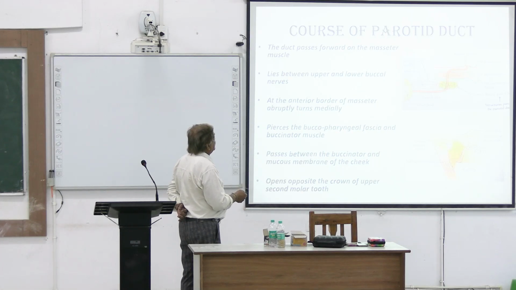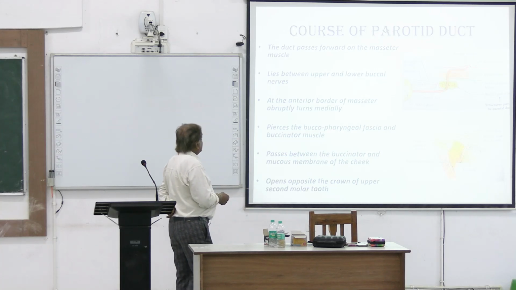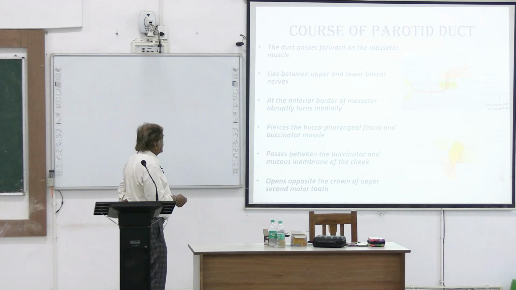This is the buccopharyngeal fascia, and the buccinator muscle. This is the buccinator muscle and the parotid papilla, lined by the mucous membrane. With the buccopharyngeal fascia and buccinator muscle, it passes between the buccinator and the mucous membrane of the cheek. It opens opposite the crown of the upper second molar tooth.